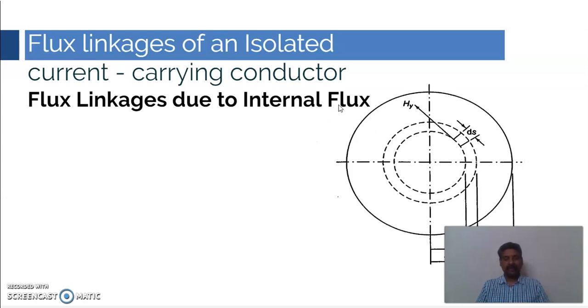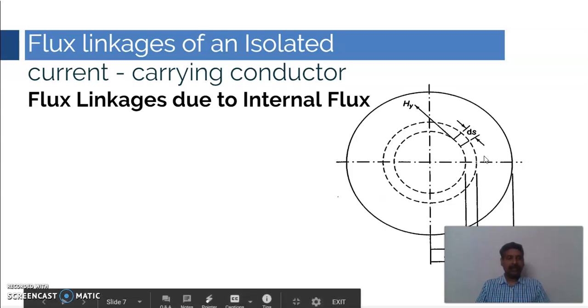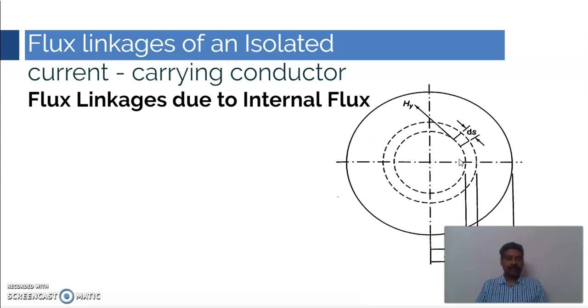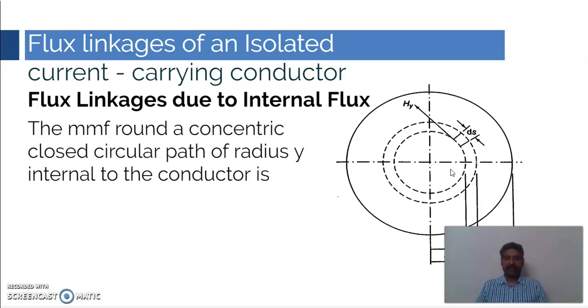In order to consider the flux linkages with respect to the conductor due to internal flux, we are assuming an infinitely small tubular column whose radius is y and the thickness is dy. Since it's a current carrying conductor, it is associated with the magnetic field.